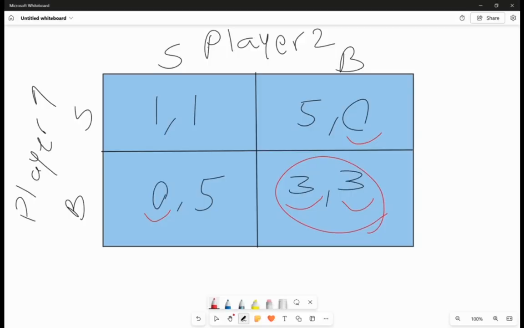Again, regardless of what player 1 is playing, the best strategy by player 2 is to play blame. So the best strategy by both players, no matter what the other player is playing, is to play blame, right?